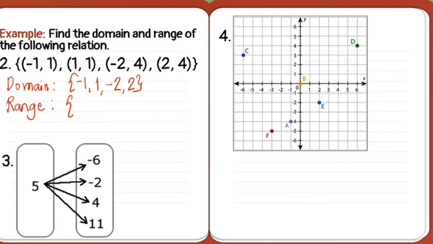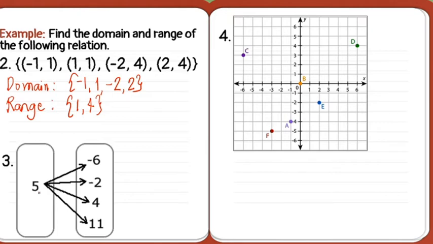So, kapag kaganyan, isang beses mo lang siyang isusulat. So, 1 lang, tapos dalawa yung 4, isang 4 lang. Magkaiba yung negative at saka positive, kamukha sa domain, we have negative 1 and 1, negative 2 and 2, magkaiba yon. So, isusulat mo siya. Pero kung pares 1, isang 1 lang. Kung pares 4, isang 4 lang.